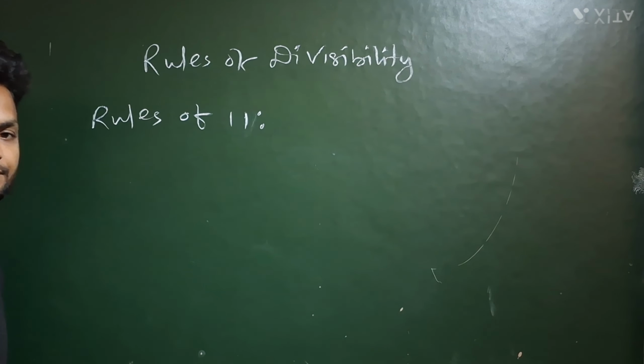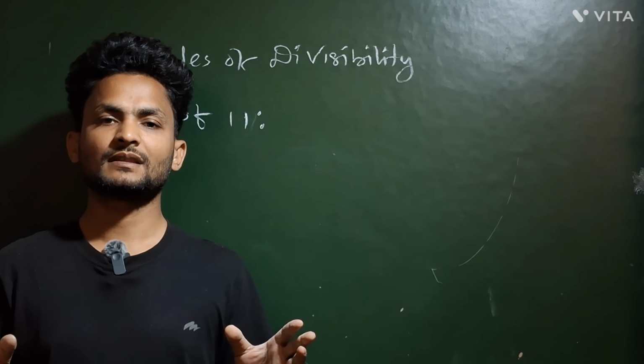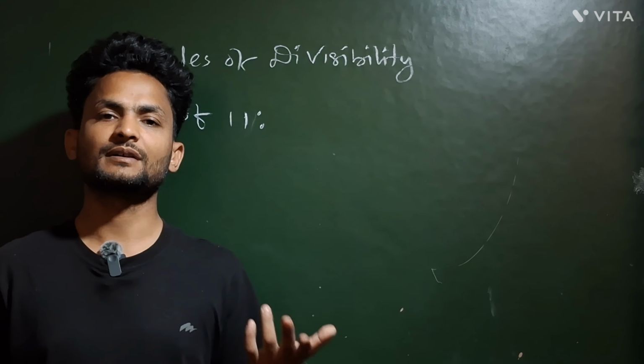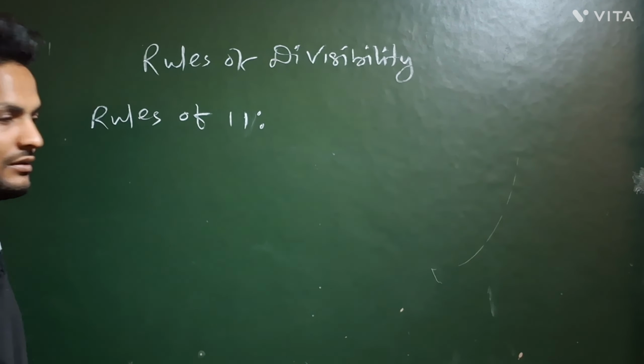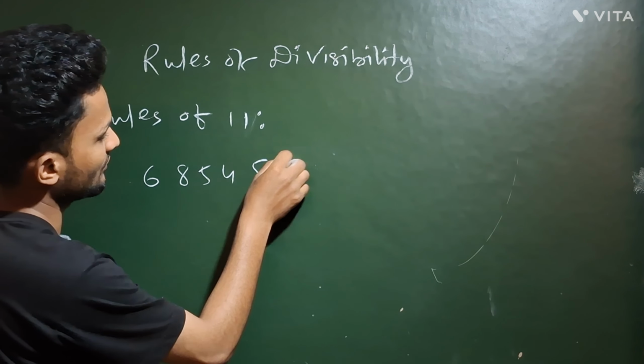Rules of 11. If the difference of the sums of the digits at the odd places and the even places is divisible by 11, then the number will be divisible by 11. For example, 685454.